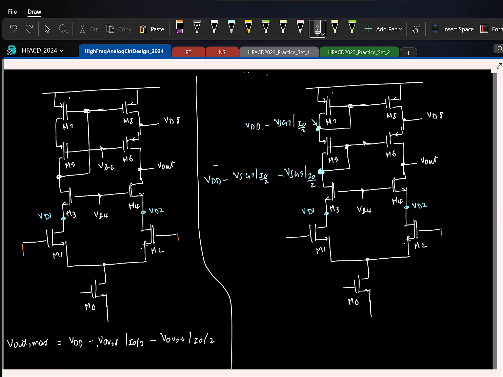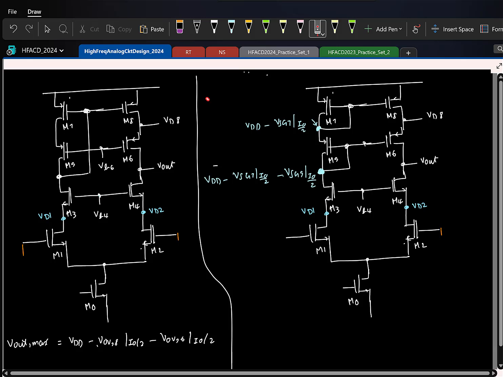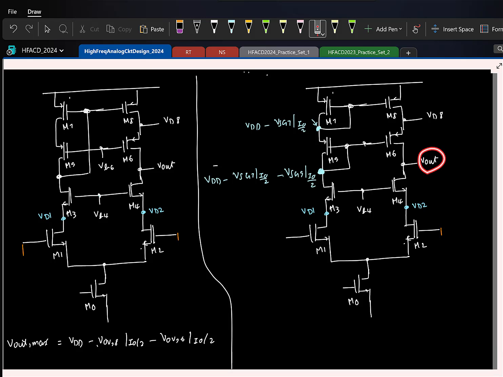Okay, leave it. So now let's quickly find out the maximum the output can take, whatever we did here, right? So again, if I keep increasing the output voltage, which transistor can have issues? M6. So what is the maximum the drain of this transistor can go? One threshold above the gate, right? So let me write it directly.